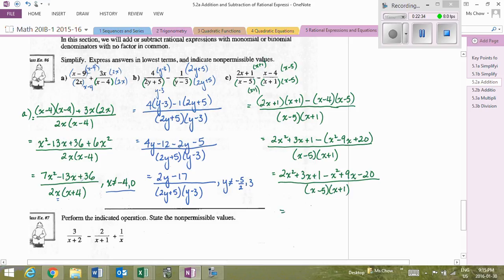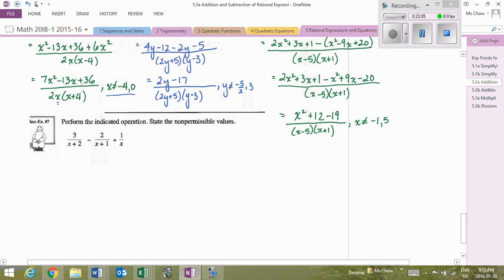And cleaning it up then, 2x squared minus x squared is x squared, 3x plus 9x is 12x, and 1 minus 20 is negative 19, which means that they've left us with something that is not factorable, and so we can just leave it as such. We do not have to expand that denominator, but we do need to state our restrictions that x cannot equal negative 1 or 5.